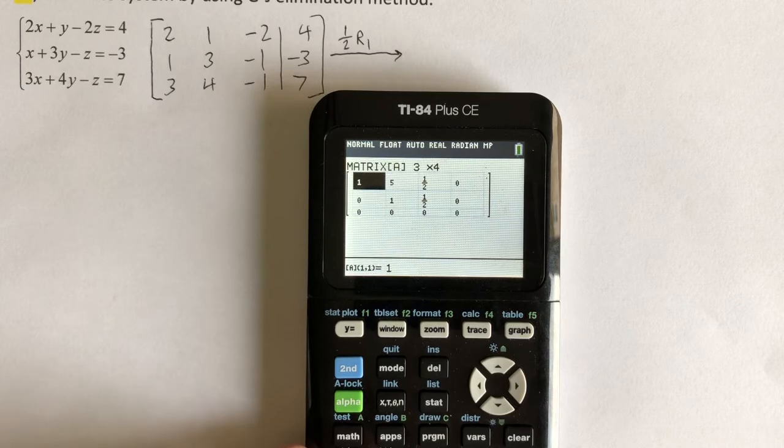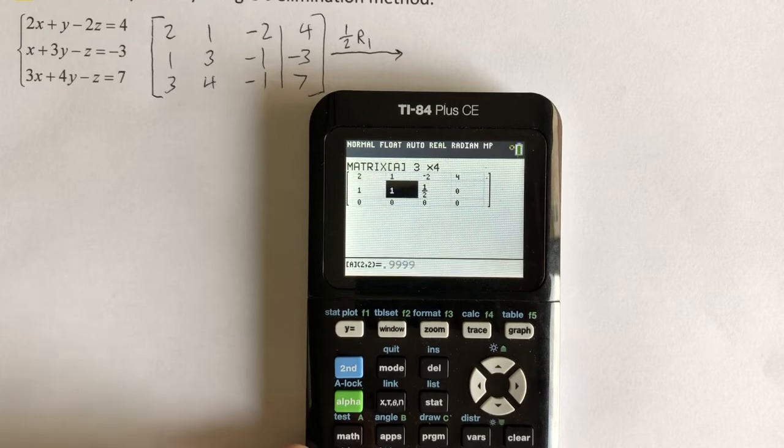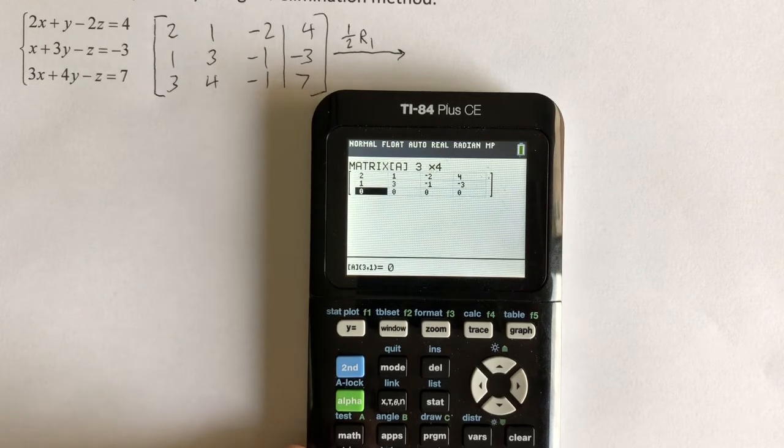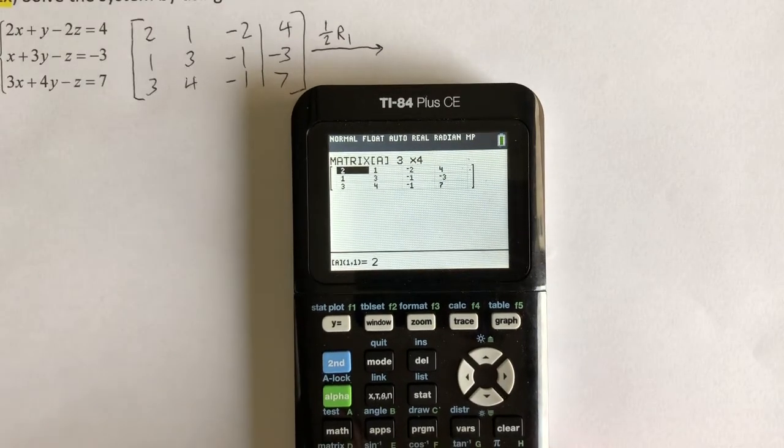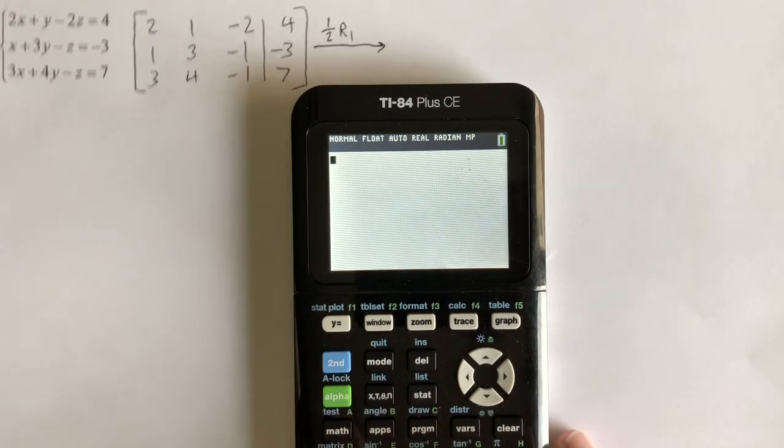And then let's put our numbers in: 2, 1, negative 2, 4, 1, 3, negative 1, negative 3, 3, 4, negative 1, and 7. Once you have those numbers locked in, hit second and then mode to quit out of that.